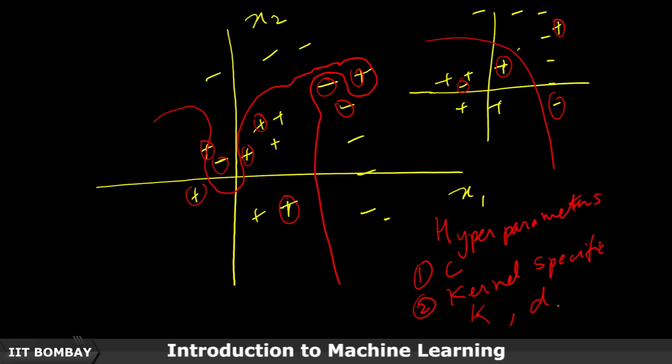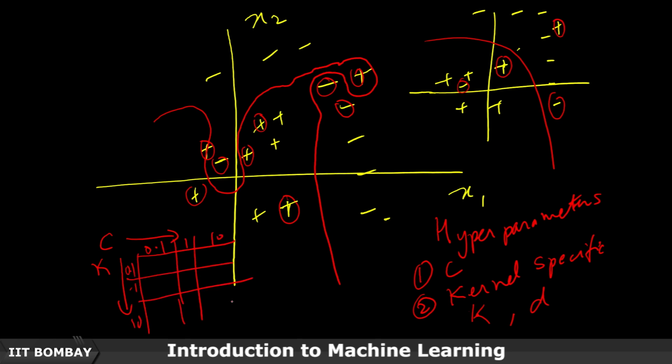The best classifier that you can find is that you will try different values of hyperparameters using some sort of grid search. So you will have, let's say, C and kappa, and you will have certain values, 0.1, 1, 10. So 3 different values of C, 3 different values of kappa, and so you have 9 different combinations to try on validation data.